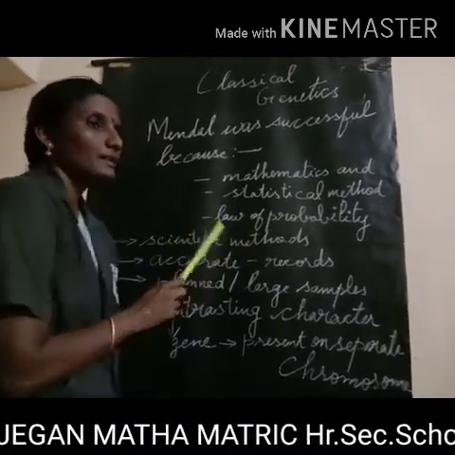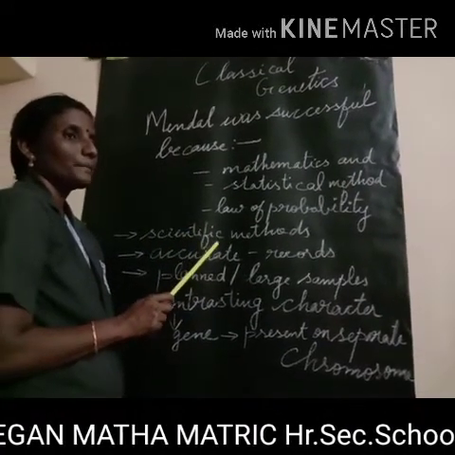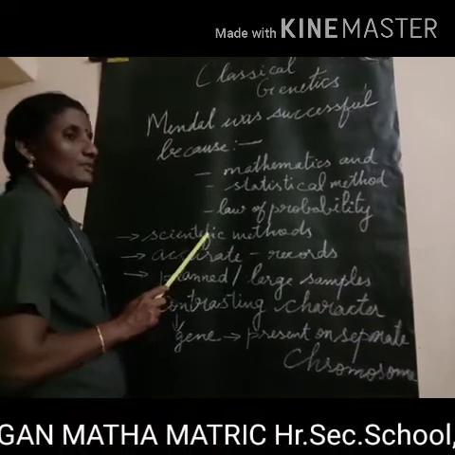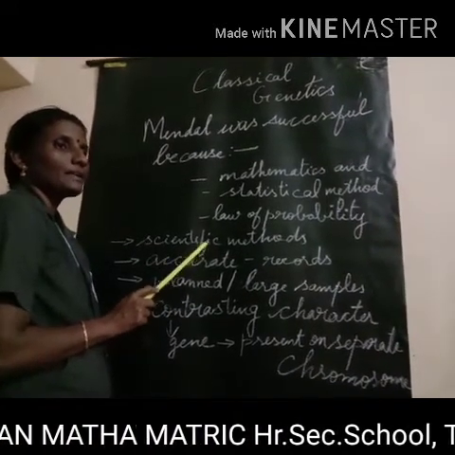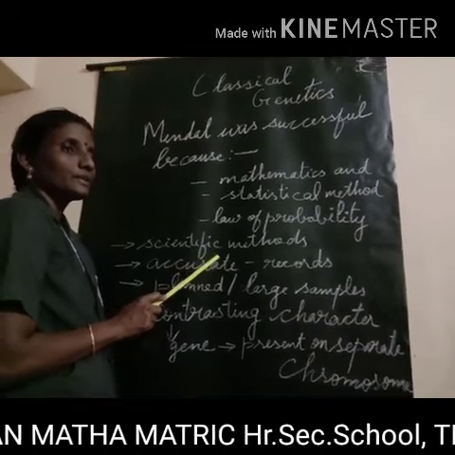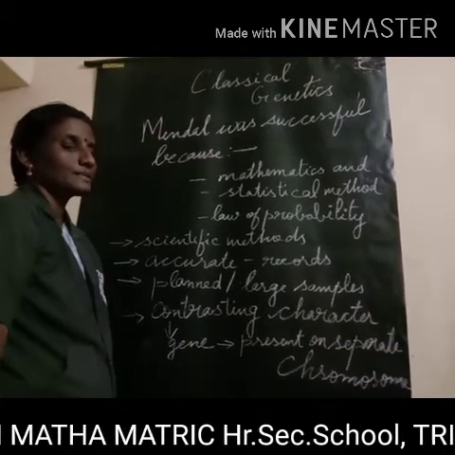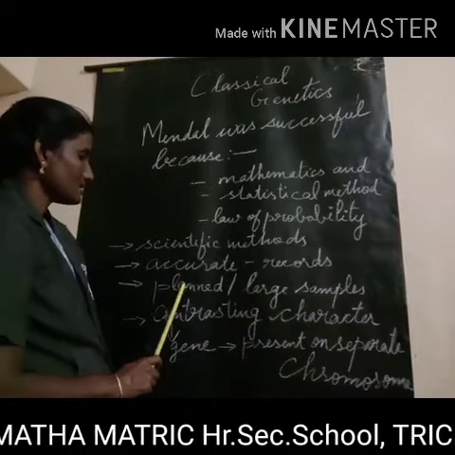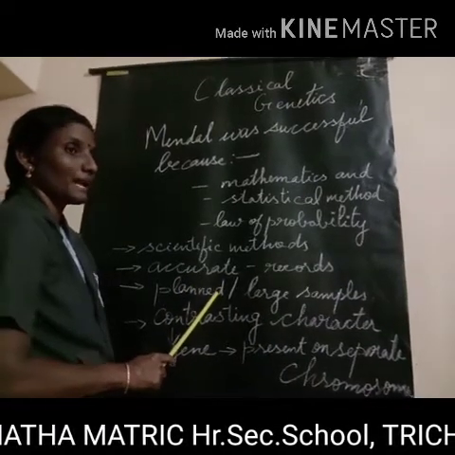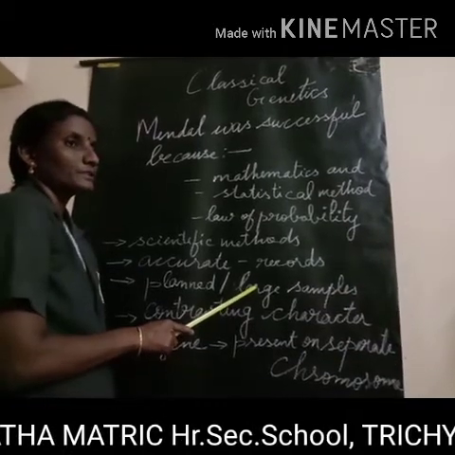The next one is he followed scientific method and kept accurate detailed records that include quantitative data of the outcome of the process. His experiments were carefully planned, and also he used large samples for his experiment.